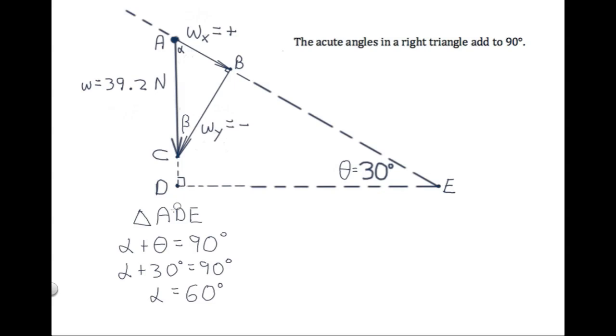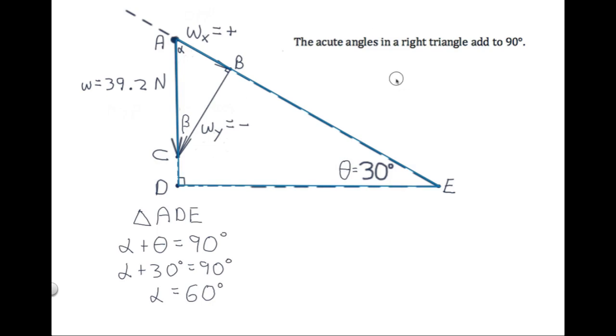Now I formed the large right triangle ADE, which I've now highlighted in color. Also, I've given the angles names to make them easier to think about. Let's call this 30-degree angle theta. Let's call this angle, which we don't know yet, alpha, and this angle, which we don't know yet, beta.